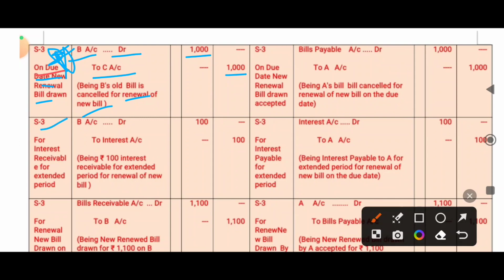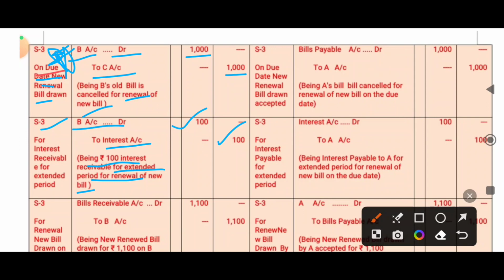And A is going to receive interest from B. For that purpose, interest is receivable. So B account debit to interest account 100 rupees. Being 100 rupees interest receivable for extended period for renewal of bill.